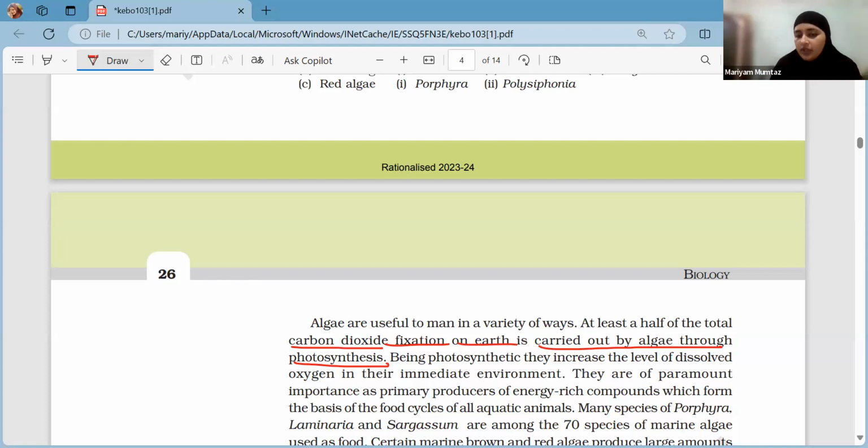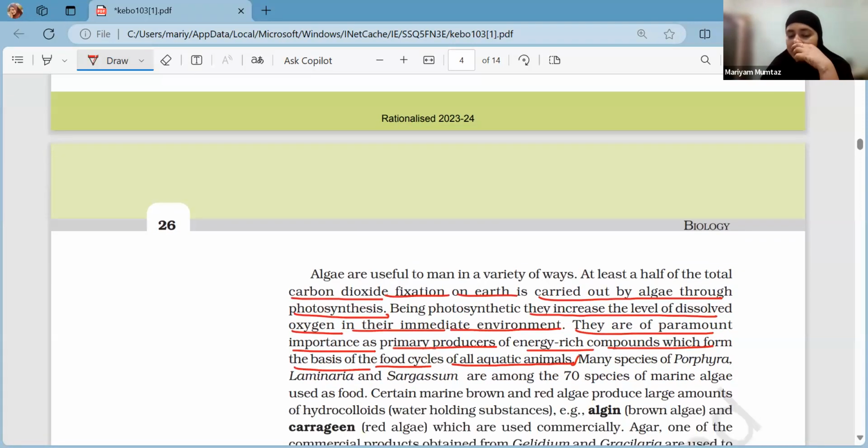Being photosynthetic, they increase the level of dissolved oxygen in their immediate surroundings. They are of paramount importance as primary producers of energy-rich compounds which form the basis of the food cycles of all aquatic animals. They are the most primitive organisms and they are photosynthetic.